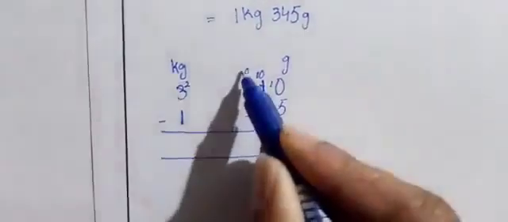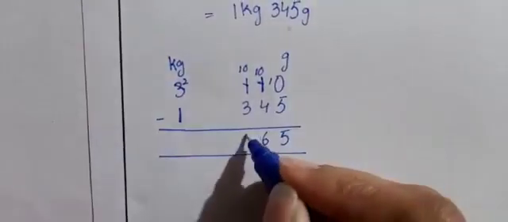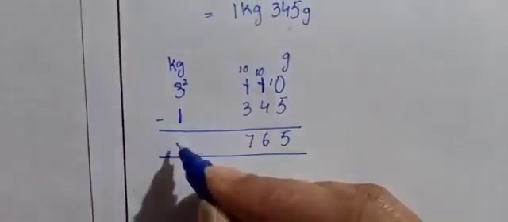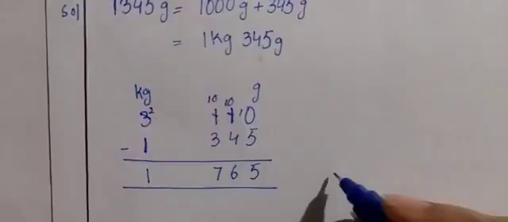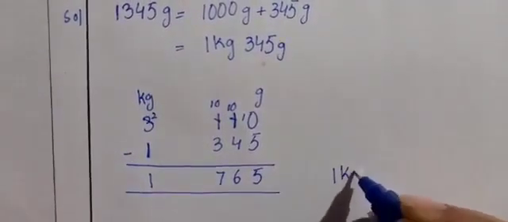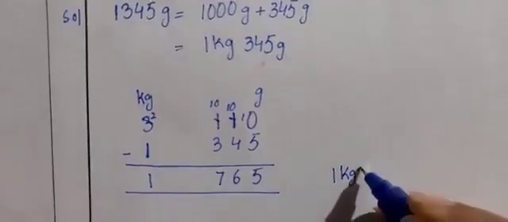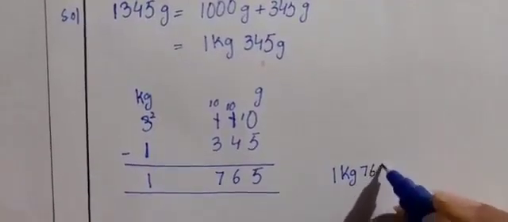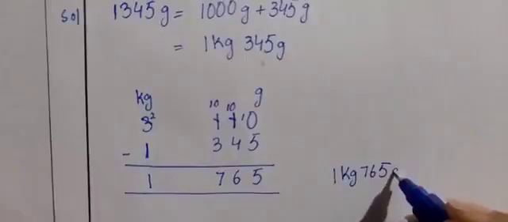It will be 2 and it will become 10. Okay. 10 minus 3 is 7 and 2 minus 1 is 1. So our answer here boys is 1 kg and 765 grams.